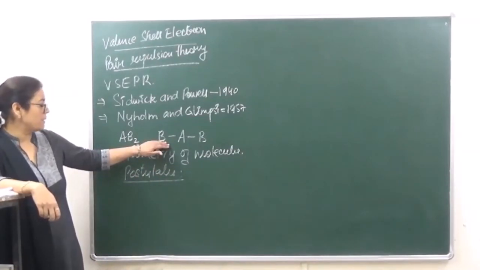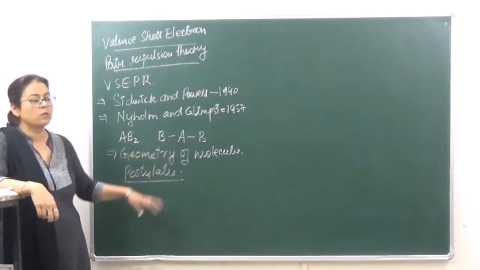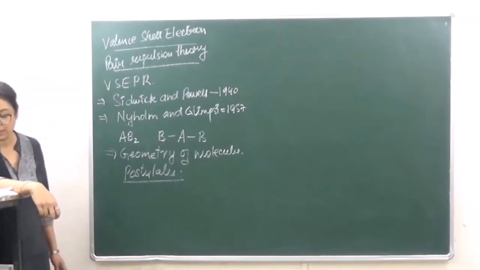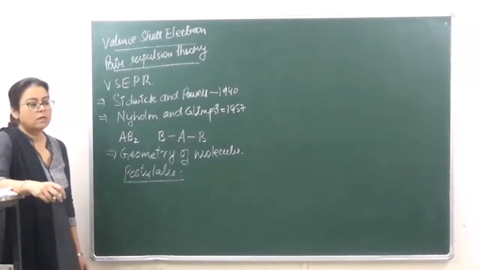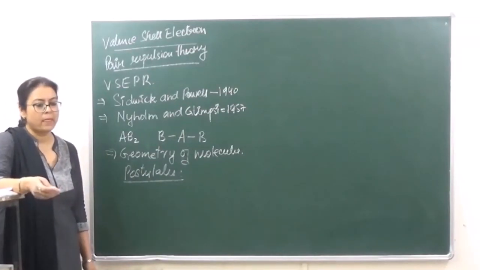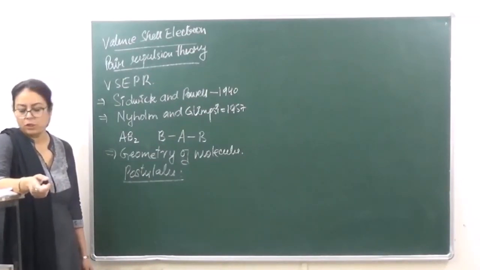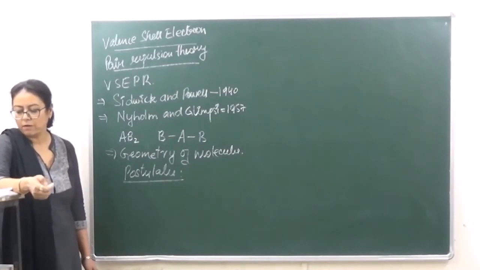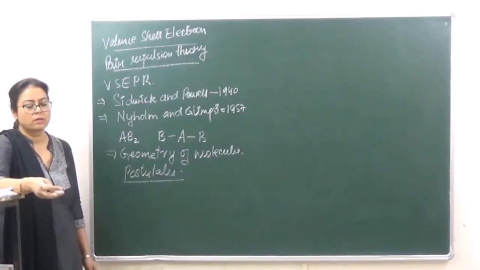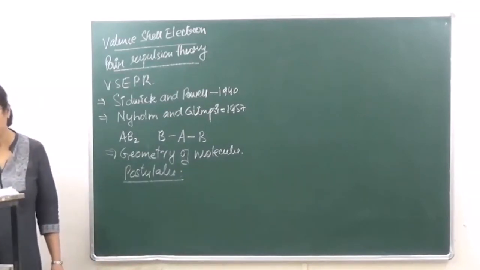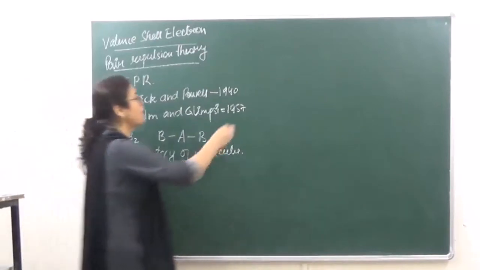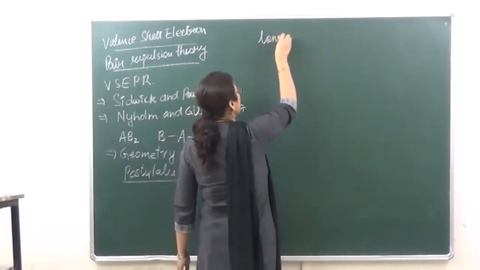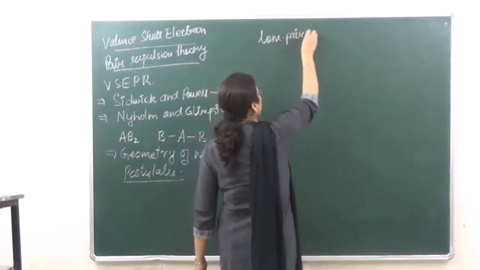It is minimizing the repulsion and it is maximizing the distance between the two. Then number four, the magnitude of different types of electronic repulsions follows the given order. That is, repulsion between lone pair and lone pair.